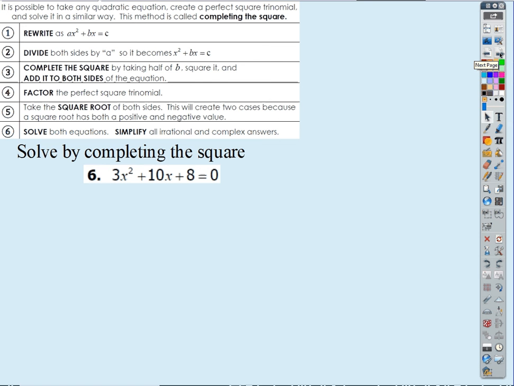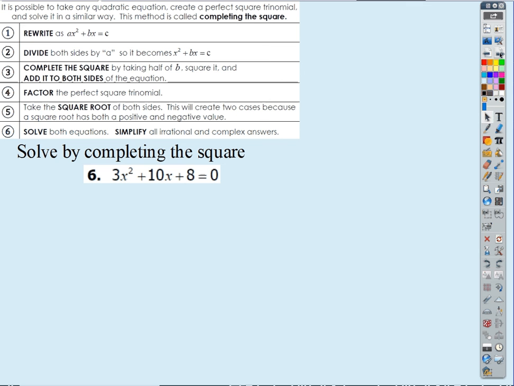The good news is, I'm going to make you do a couple of these on this assignment, just so you can over-practice the process. But eventually we're getting to a point soon in this unit where we'll have a total of 4 different methods for solving quadratics, and our job is to find the easiest one based on the kind of problem we're looking at.